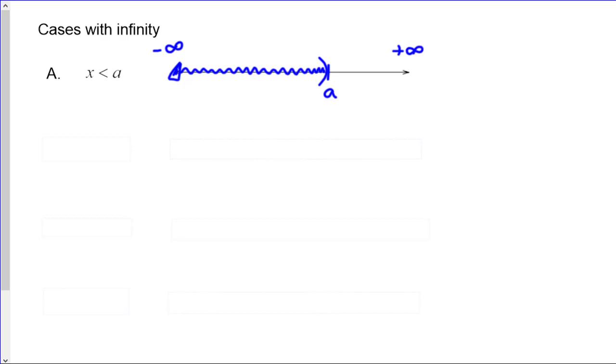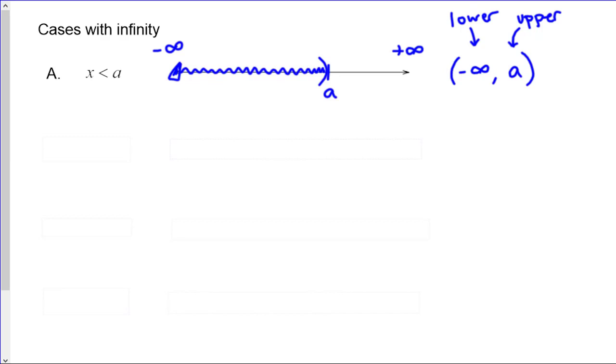So this set represented in interval notation starts with negative infinity and goes up to a. And remember, your first value you put is always a lower bound, and the second value you put is always an upper bound. And therefore, these sets always have to be ordered from the smallest number to the largest number.